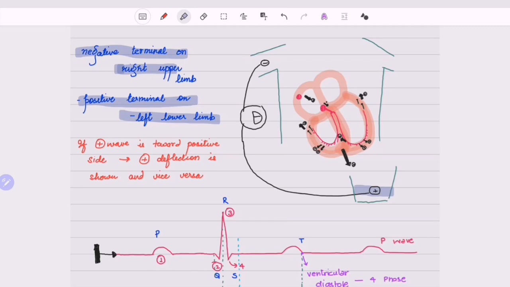And if a positive wave is towards the negative side, then a negative deflection is seen, which is on the lower side. Similarly, if a negative wave is towards the negative side, it shows a positive deflection, and if a negative wave is towards the positive side, it shows a negative deflection. Here the side means the terminal of the galvanometer.